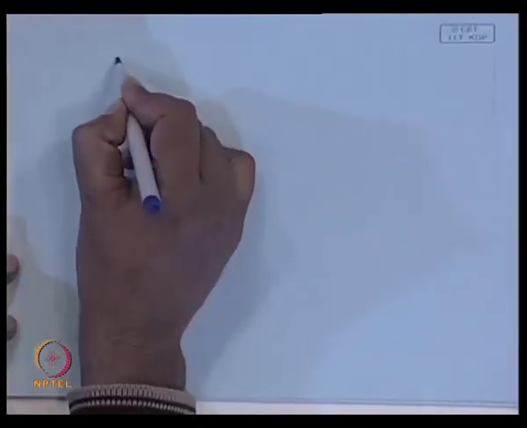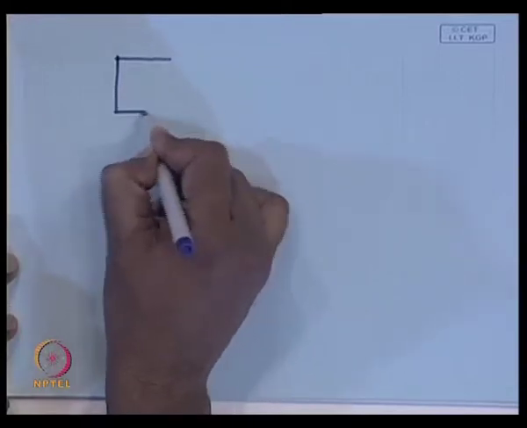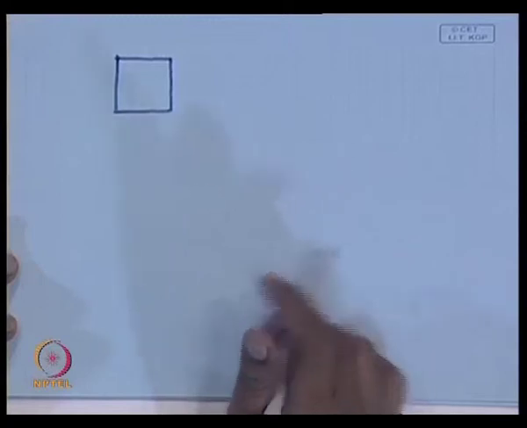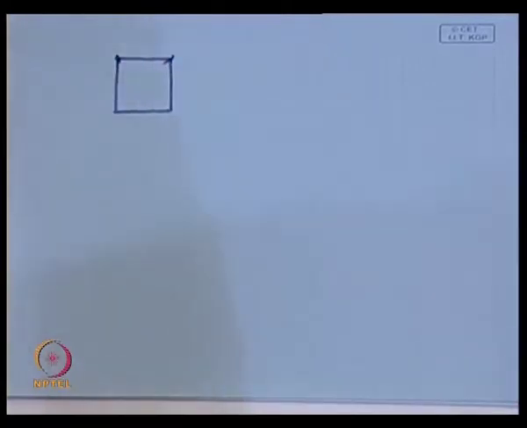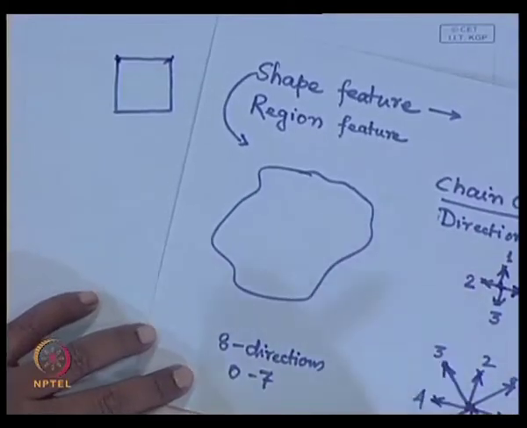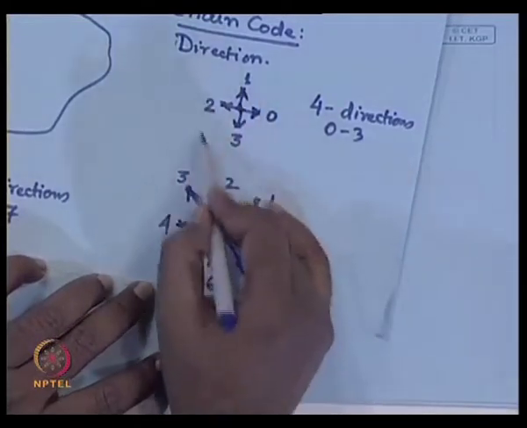So, I have a rectangle. Okay. And let us assume that the length of each side of the rectangle is my unit distance, right. And let me also assume, to make the situation even simpler, that instead of this 8 connectivity, I am considering 4 connectivity.